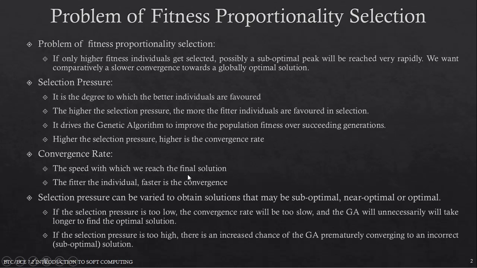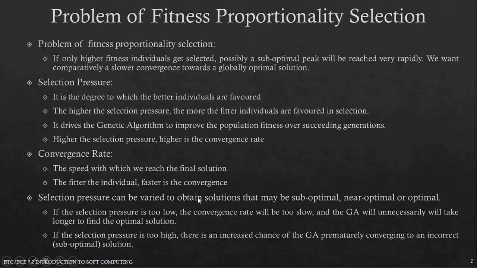That is called the convergence rate. The fitter the individual, the faster is the movement towards the final solution. That is, faster is the convergence. Higher the selection pressure, faster the convergence.